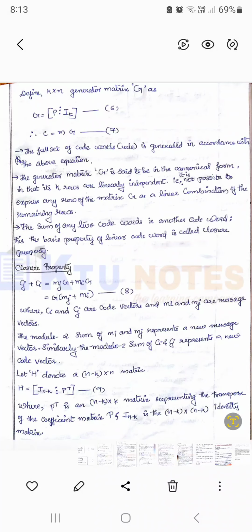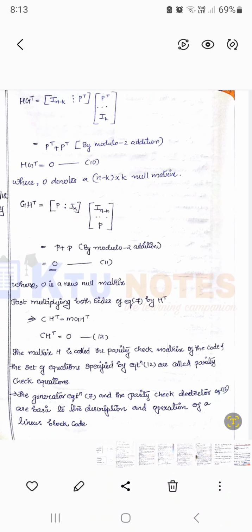Then we get C H transpose equals mG H transpose. We have G H transpose is equal to 0, so this term will become 0. So the equation for the parity check matrix is C H transpose is equal to 0. The matrix H is called the parity check matrix of the code word, and this is called the parity check equation.